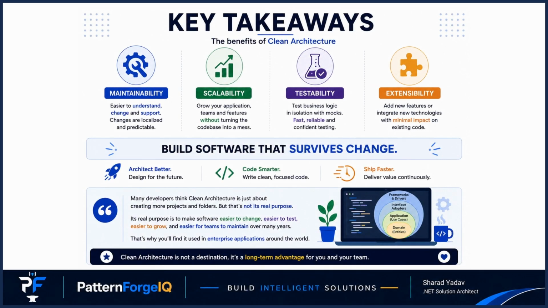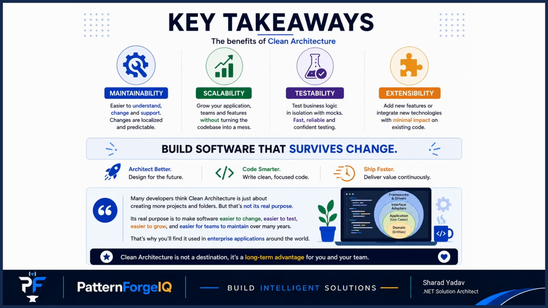Let's quickly recap what we have learned in this video. Maintainability means organizing our code so that it's easier to understand, modify, and maintain over time. Scalability means our applications can continue to grow by adding new business capabilities without making existing features increasingly difficult to manage.